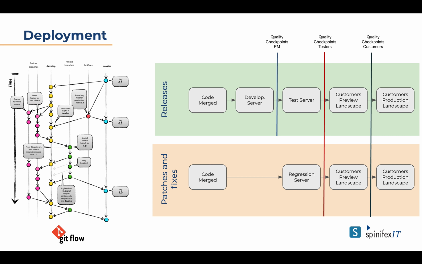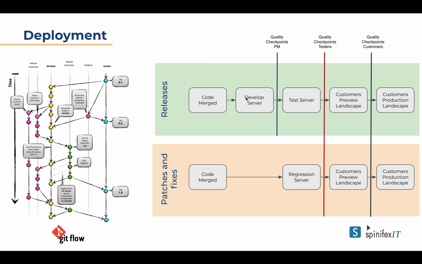Okay, so we have two deployment methodologies depending on whether we are deploying a release or a patch fix or a fix. So first, once the code is merged, so when we move it to develop and after to master, we actually deploy it on our development server.